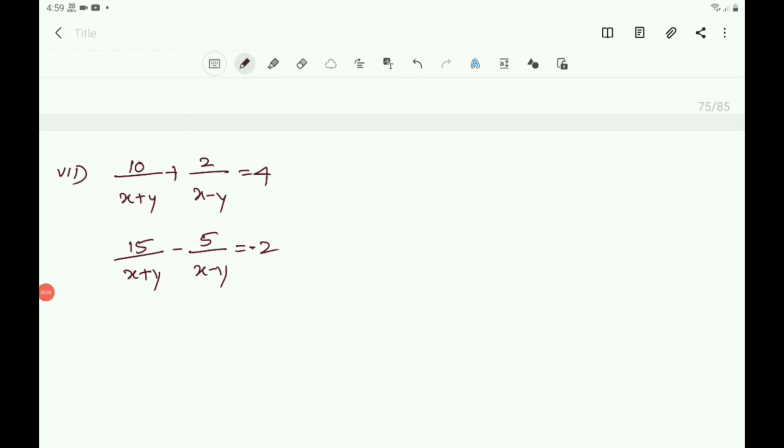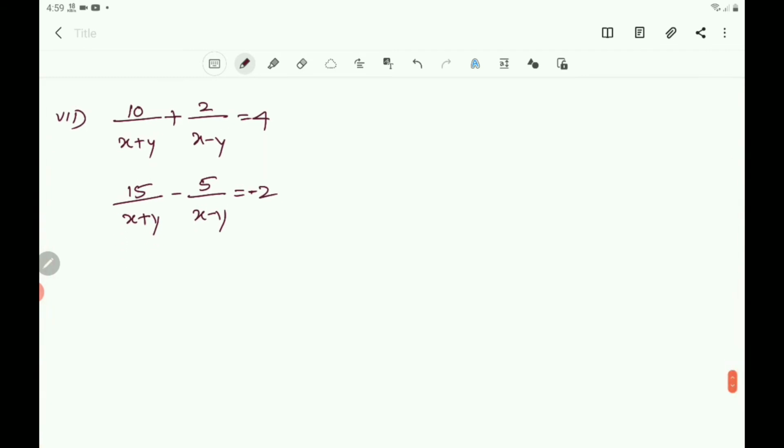Now the 7th question: 10 by x plus y plus 2 by x minus y equals 4. And the second equation is 15 by x plus y minus 5 by x minus y equals minus 2.